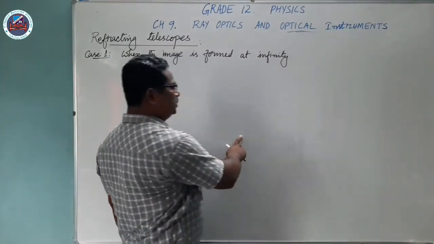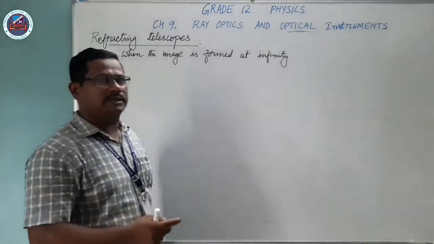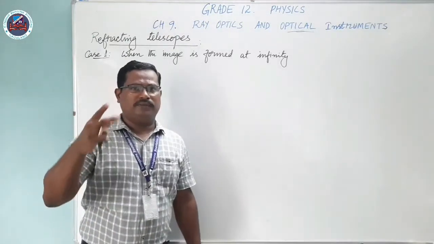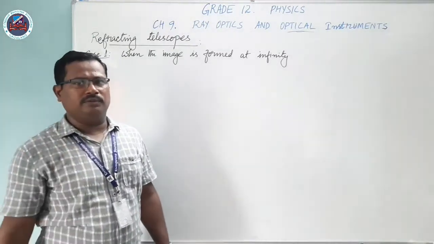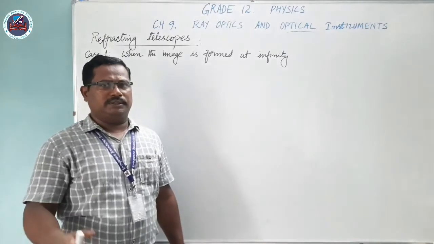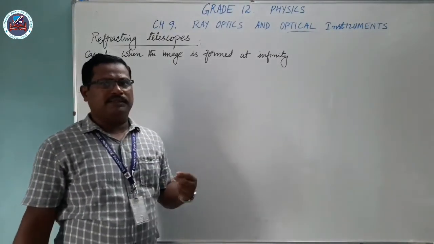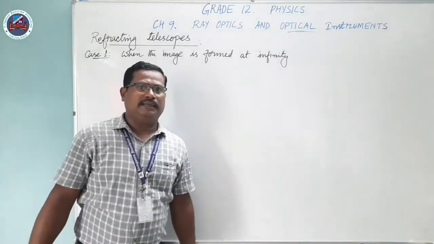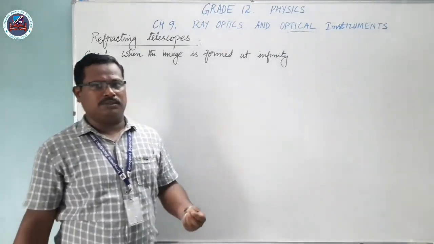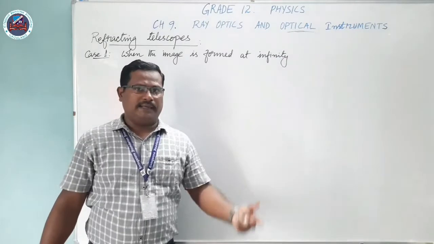Here also we use two biconvex lenses of different aperture and different radius of curvature, or different focal length, we can say. The objective lens faces towards the object and the eyepiece lens faces towards the eye.